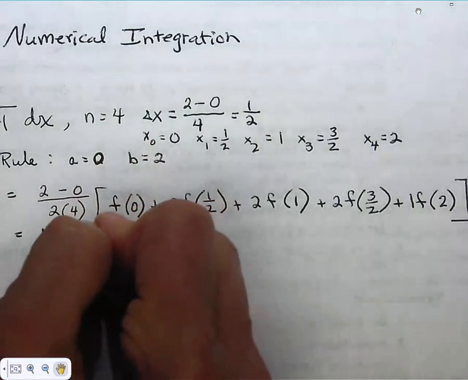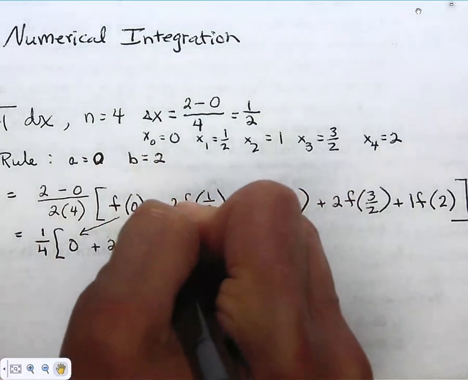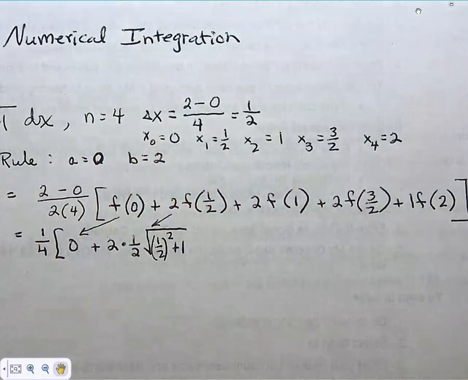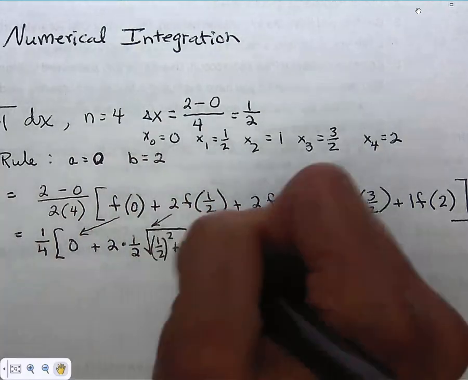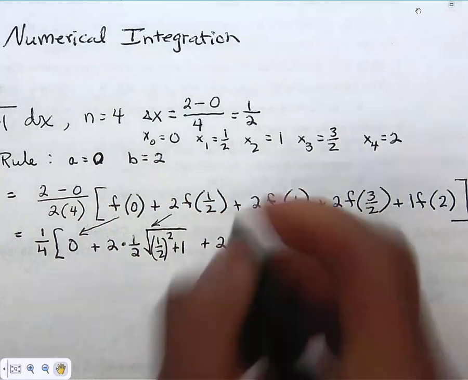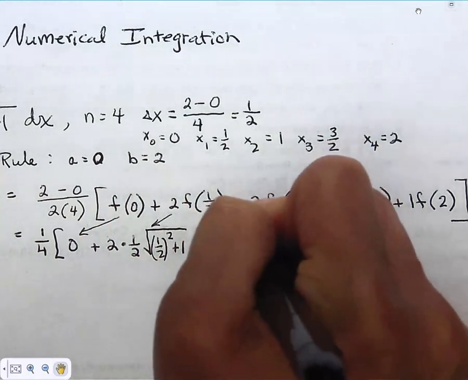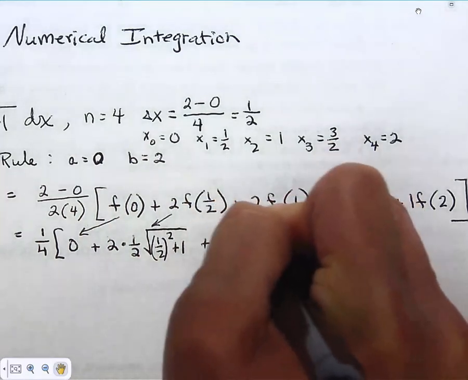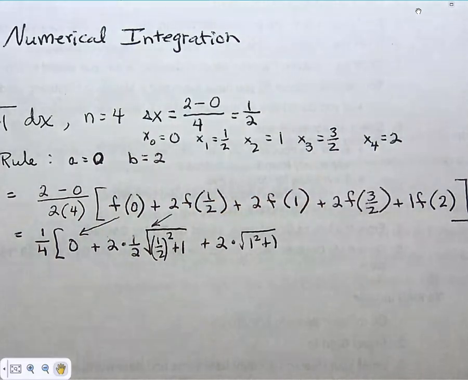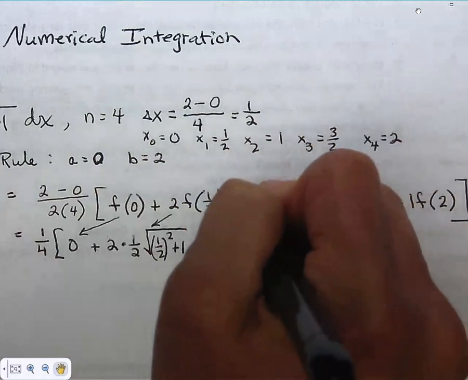The third term is 2 times f of 1. That's 1 times the square root of 1 squared plus 1. That's the third term.